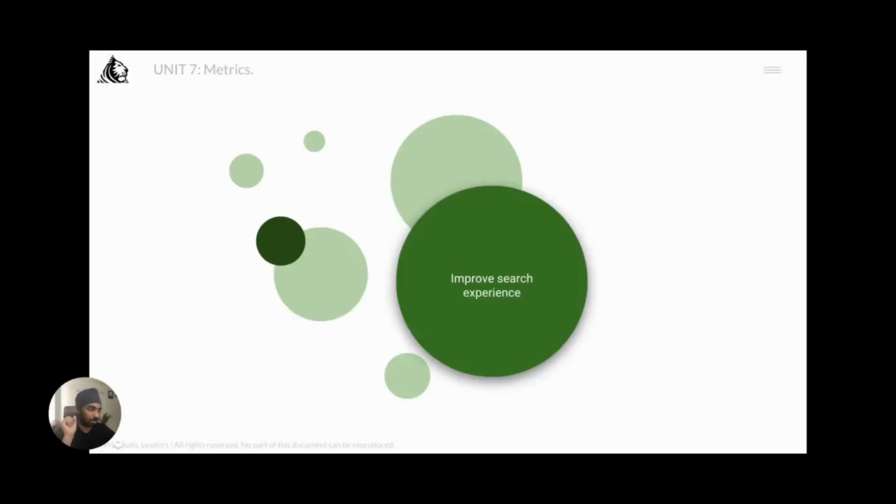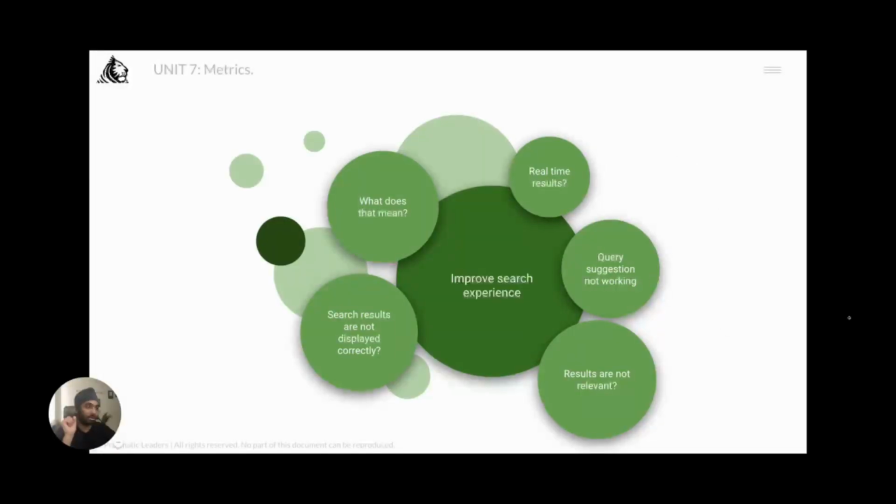Okay. So in this case, for example, once I've understood what that means, which is search results are not displayed correctly or not relevant, or query suggestions are not working, or real-time results are not working, let's say I identify that search results are not displayed correctly. Okay, so they are not in chronological order, or they're reverse chronological, or they're in some order which is very poorly understood, right?